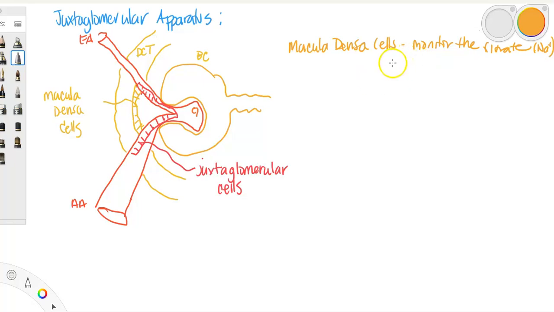So if they perceive the condition of the filtrate to indicate low blood pressure, that means GFR is low.